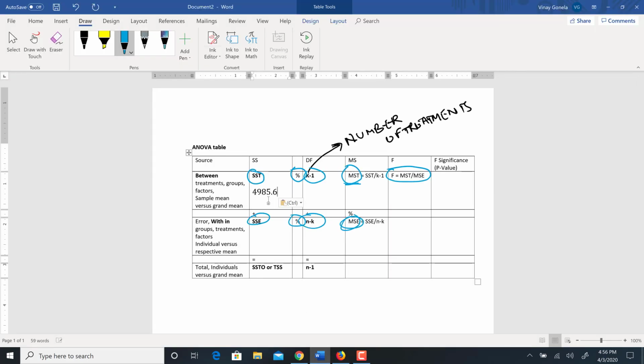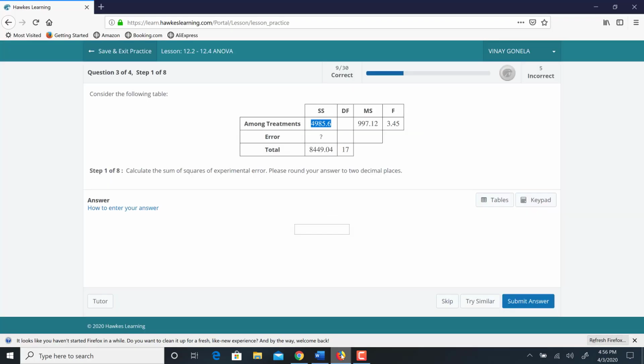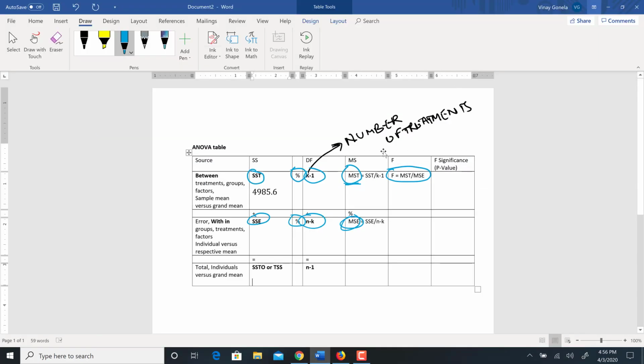So this will be this value, and then this value would be this. So obviously this plus this is going to give 4985.6, and they are asking us to calculate what is here.